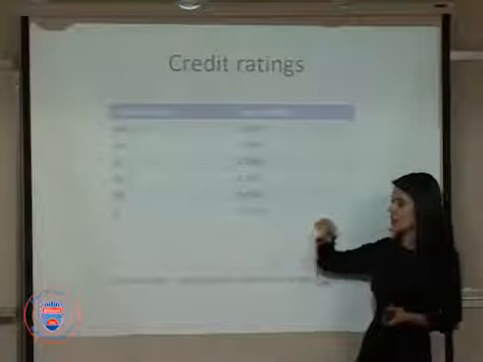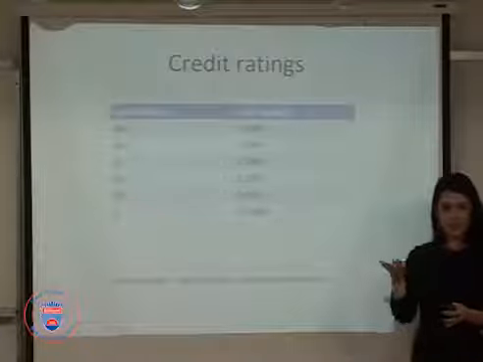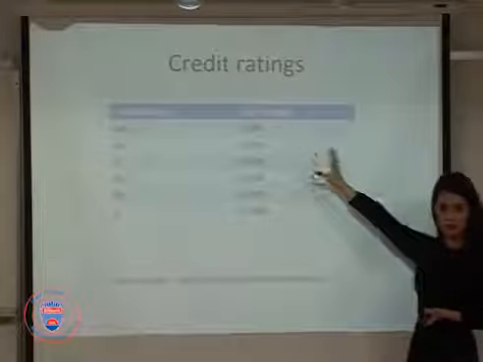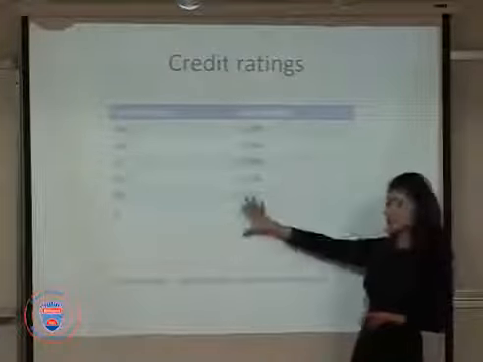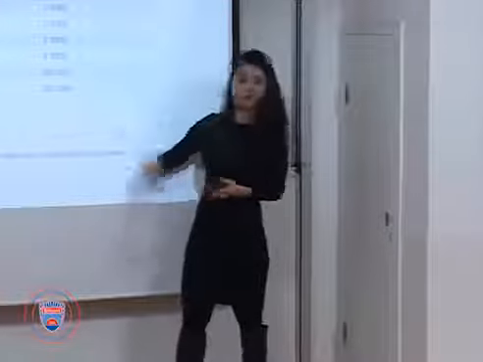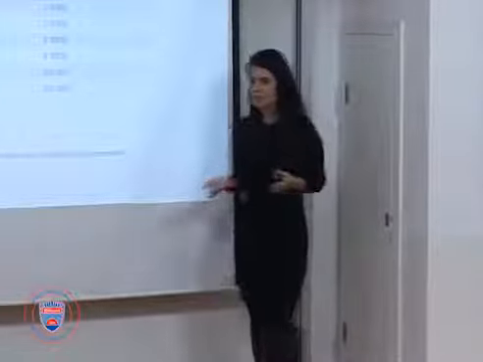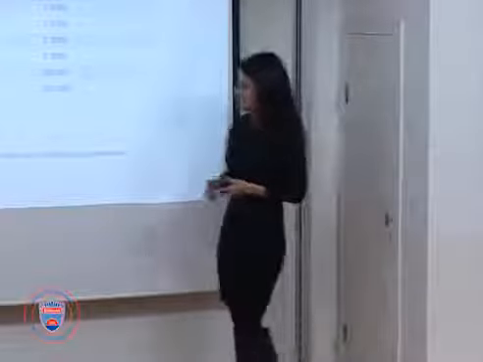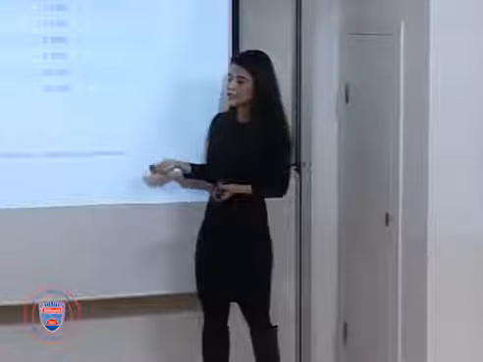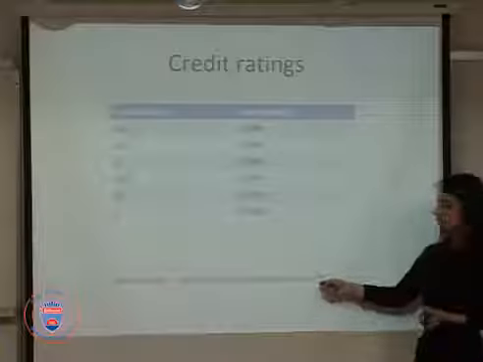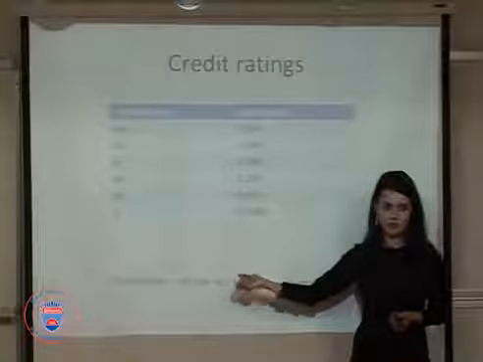Actually, companies with triple B and higher are called investment-grade bonds. These are junk bonds. The higher risk you have, the higher the cost of debt will be. And YTM is also cost of debt. High risk means high expected return, don't forget. And basically, cost of debt is determined by the default risk premium and risk-free rate.